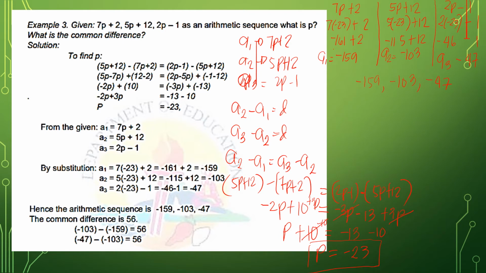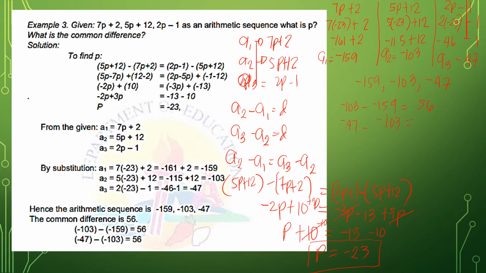Now, what is the common difference? We can subtract negative 103 by negative 159, or we can subtract negative 47 minus negative 103. So, for negative 103 minus negative 159, this is equal to 56.